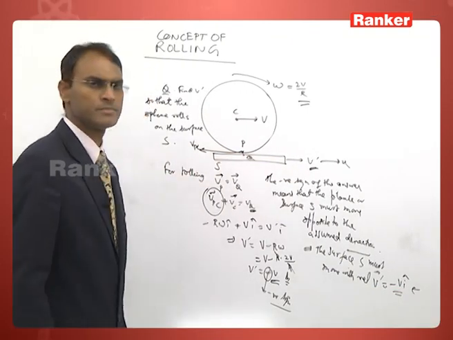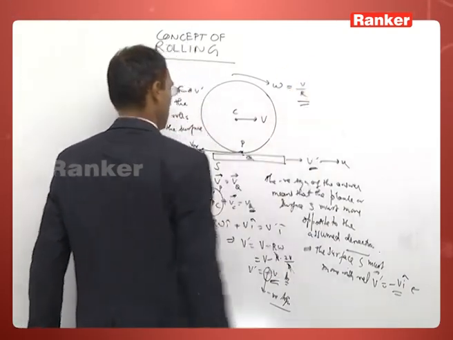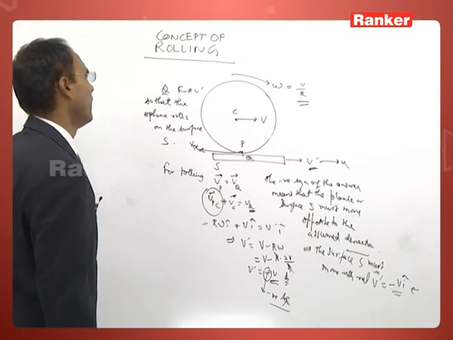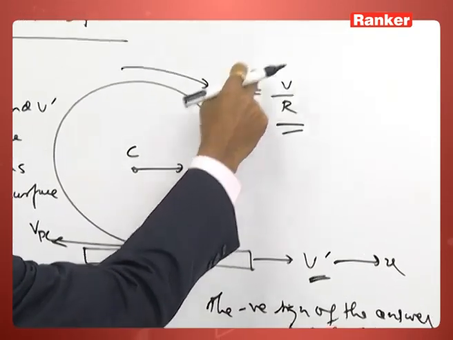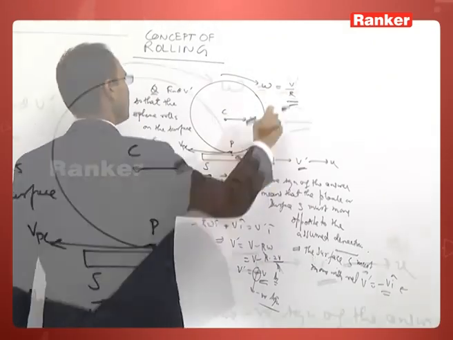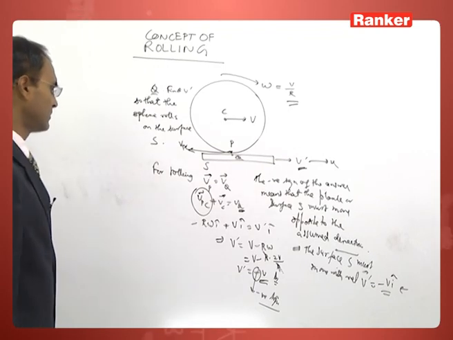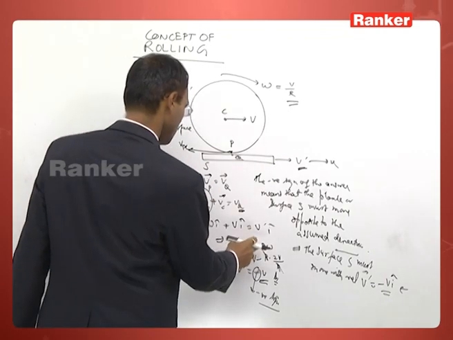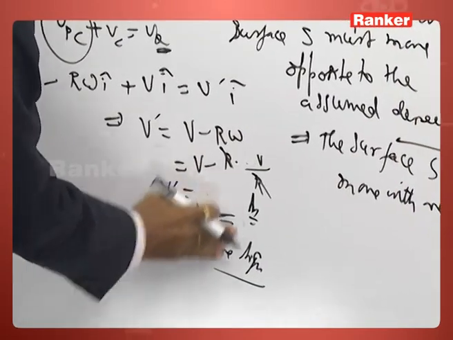This is the answer. And if, instead of omega equal to 2V by R, we write V by R, then this will be exactly equal to 0.